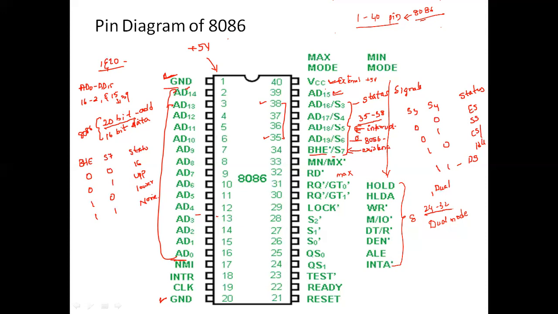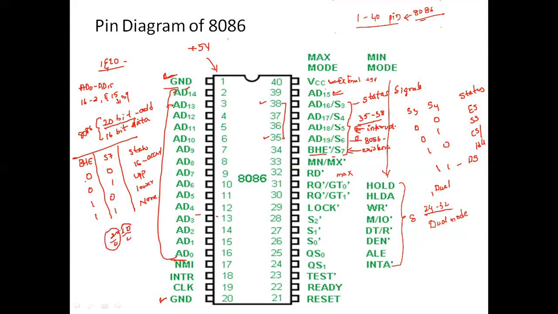BHE stands for bus high enable, and S7 is the status signal pin. So this is the status of BHE S7. If both are 0, all 16 bits can be accessed. 0 1 means only the upper byte; this is the lower byte and this is the upper byte, only the upper byte can be accessed.